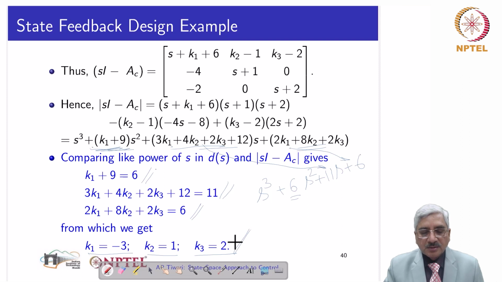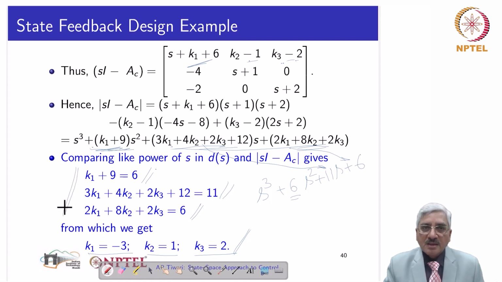And thus we have the solution of the state feedback gains. So this is what was narrated before taking up this example, that the AC matrix, AC means the closed loop system matrix, which is A minus BK, will have terms containing K, and so the characteristic polynomial of the closed loop system matrix will have various coefficients containing K. By comparison of the characteristic polynomial, which contains K at different terms, with the desired characteristic polynomial, we will get n equations.